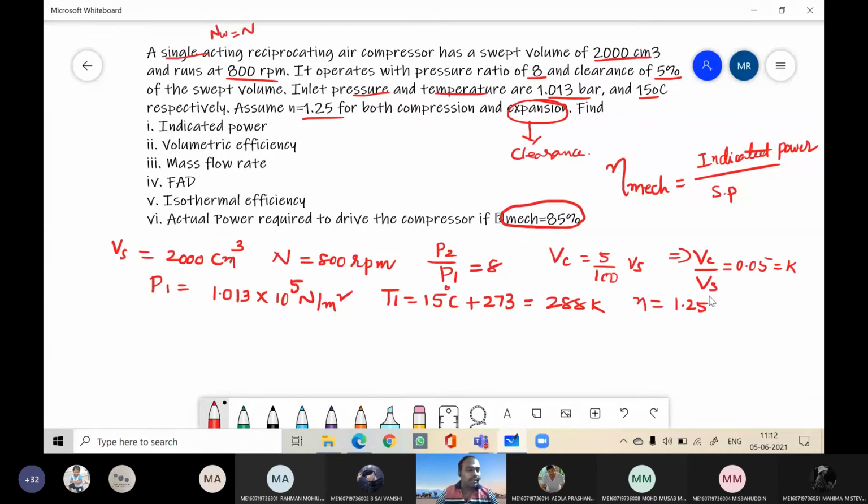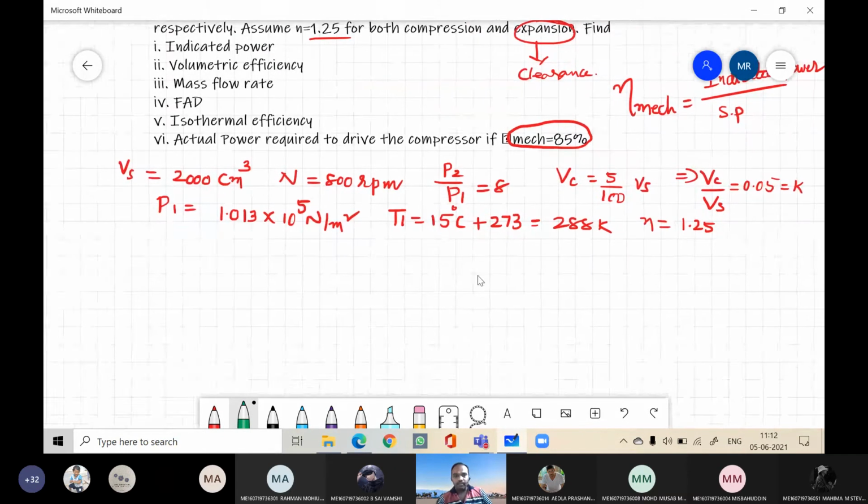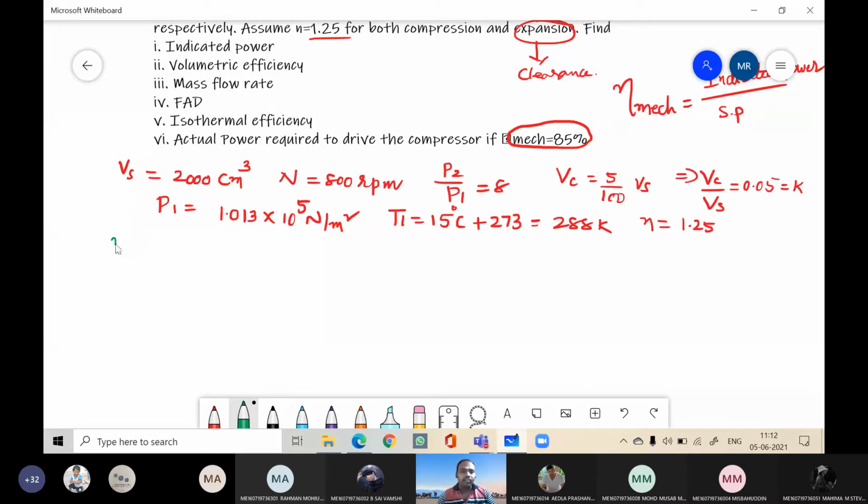Calculate indicated power. Right now, how to solve this problem? Can you try? Indicated power. So before calculating indicated power, we can calculate volumetric efficiency easily, because K is given: 1 plus K minus K into pressure ratio, which is also given, whole power 1 by n.